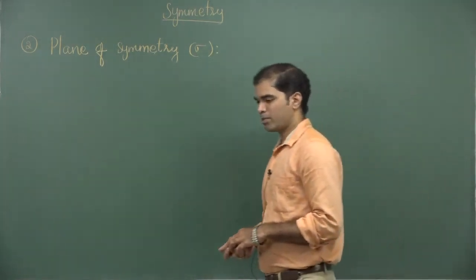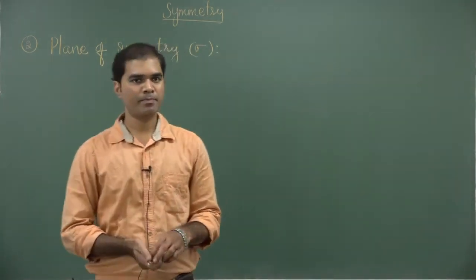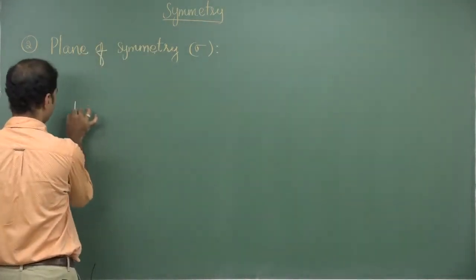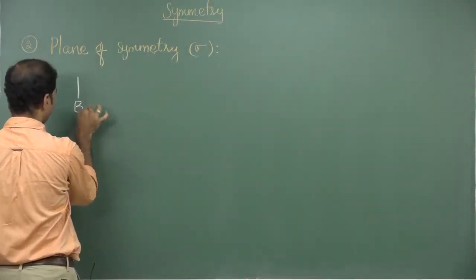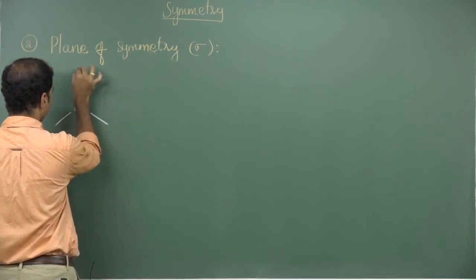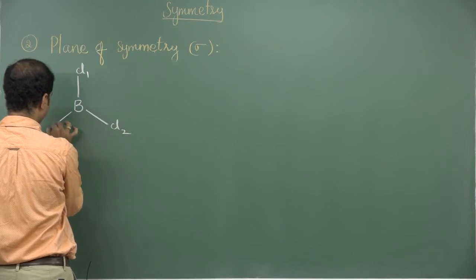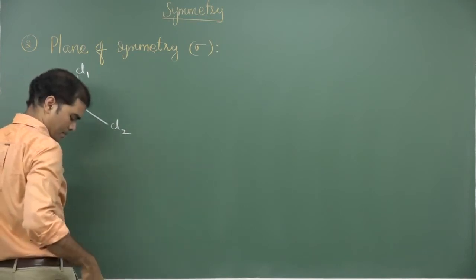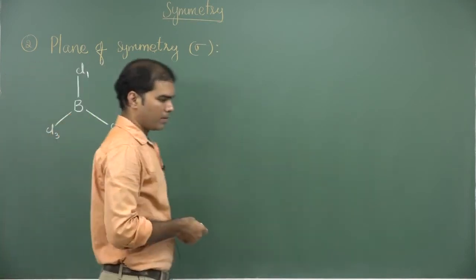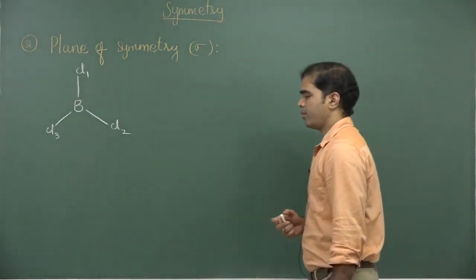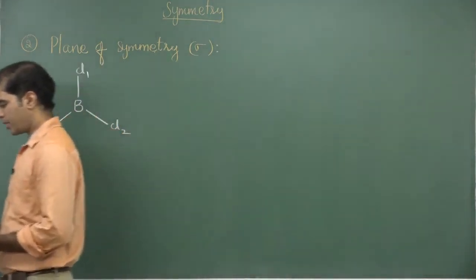After the examples of H2O and ammonia, let us take up one more example of BCl3. It is a planar molecule. Well, when we look at the BCl3, how many planes do you visualize in the beginning?